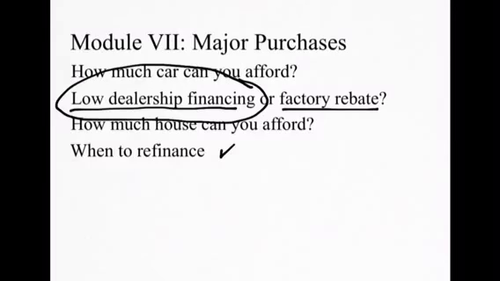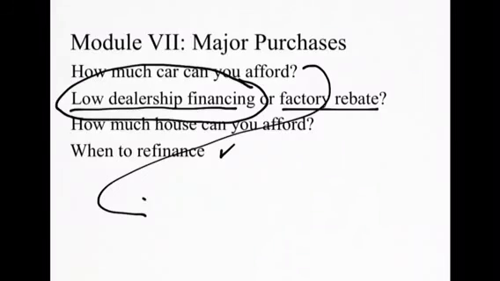One last issue here. A few moments ago, when I was discussing how much car you can afford, I mentioned that you subtract the maintenance from the amount of car that you can finance. That's incorrect.